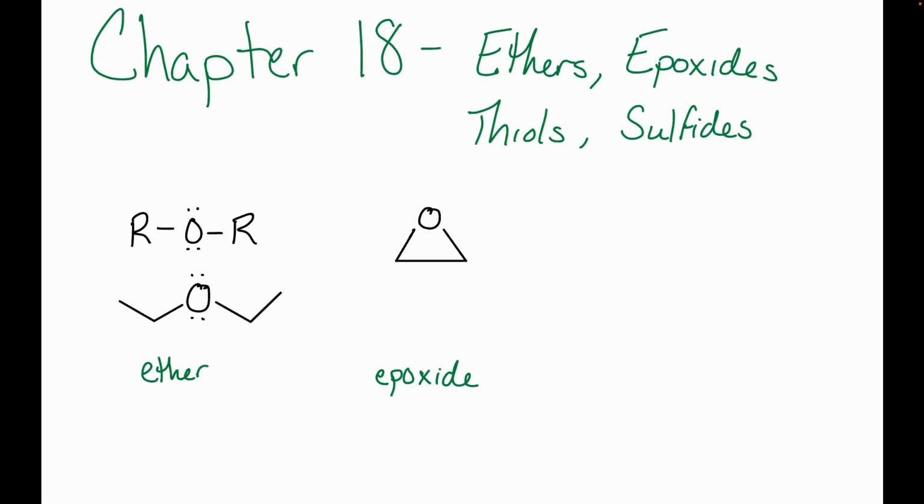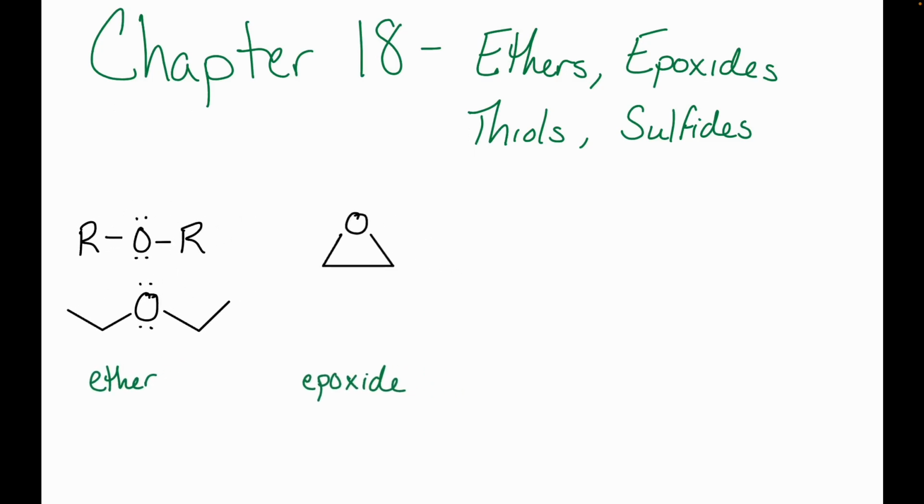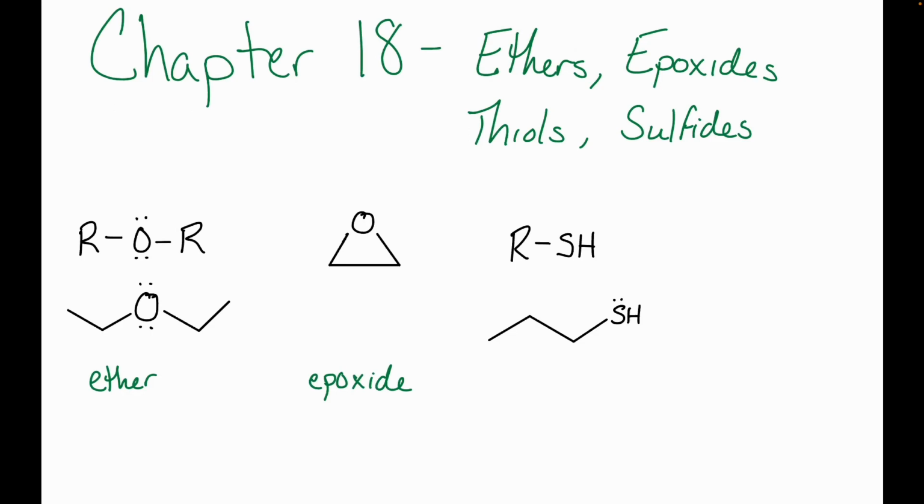A thiol is analogous to an alcohol, but using a sulfur instead. So a thiol has an RSH group. Remember, sulfur lives right under oxygen on our periodic table, so it's got the same bonding pattern. Sulfur likes to have two bonds and two lone pairs.